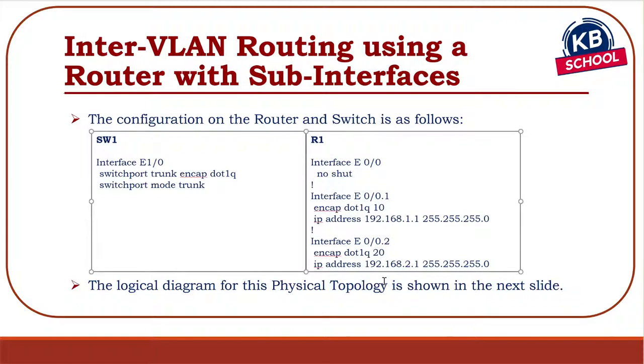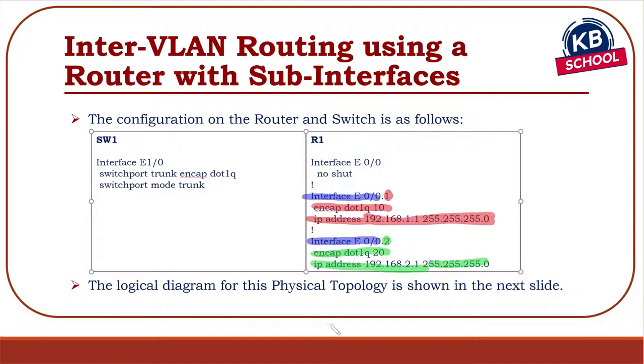And that 20 is associated with your VLAN 20, and this is the corresponding IP address. All right, and this guy over here, same physical interface, but it is .1, which is part of VLAN 10, and this is the IP subnet.